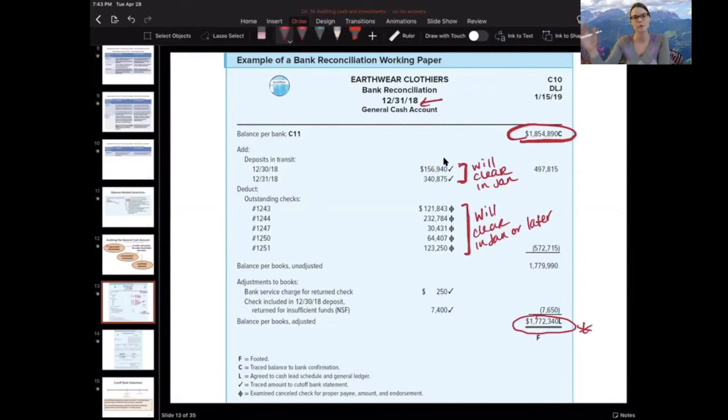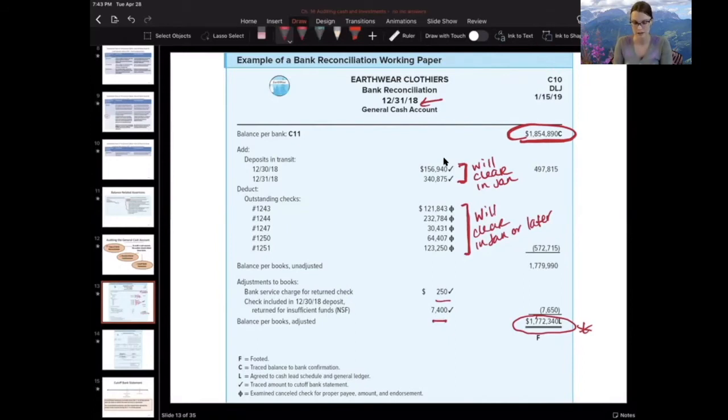I'm very lazy, so it could take a while. All right. Two biggest items are your deposits in transit and your outstanding checks. Then we also have other random small items like potential service charges or insufficient fund charges. Things like that can also create small differences.